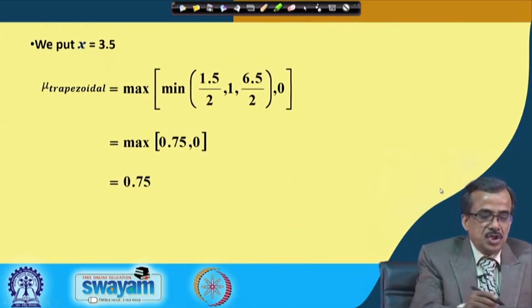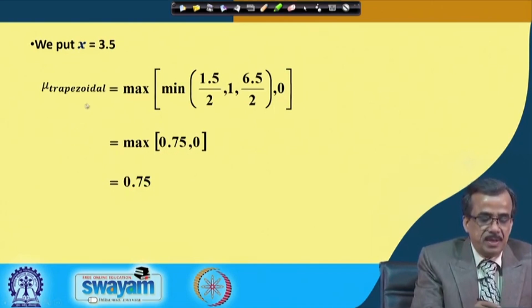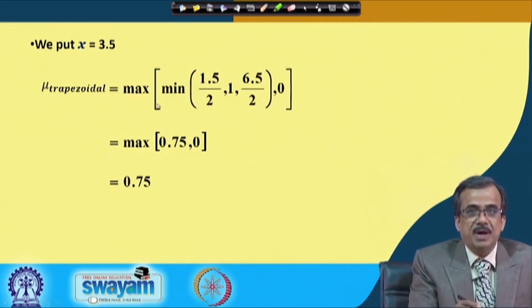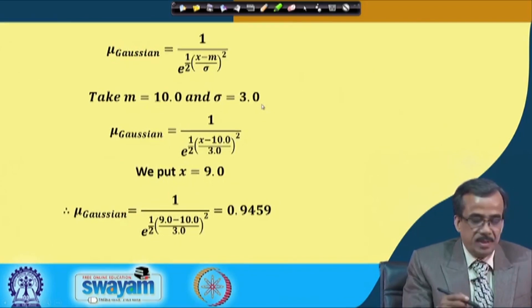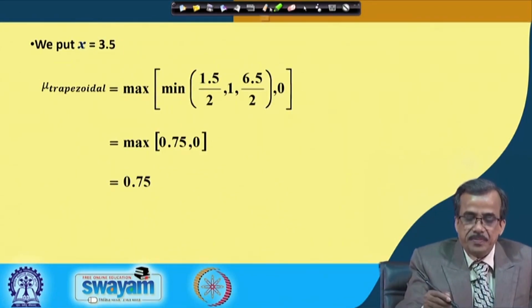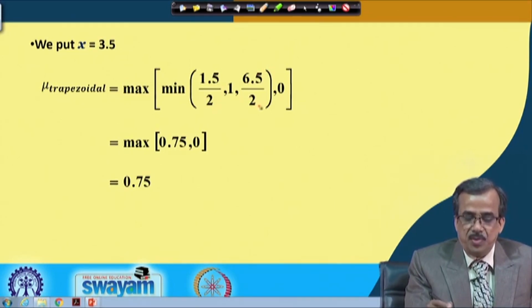So, if we put x equals 3.5, you will be getting mu trapezoidal, which is nothing but the maximum between, and before that you will have to find out the minimum among these three, that is 1.5 divided by 2 comma 1, 6.5 divided by 2.